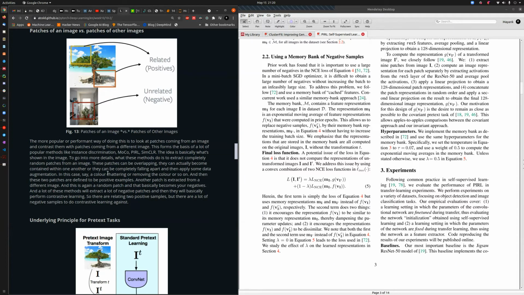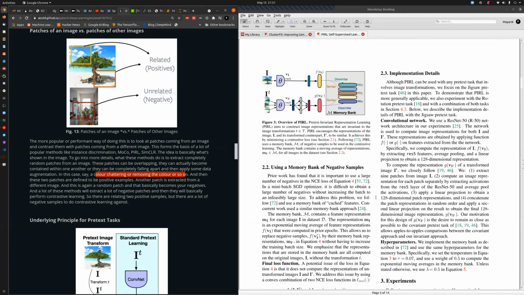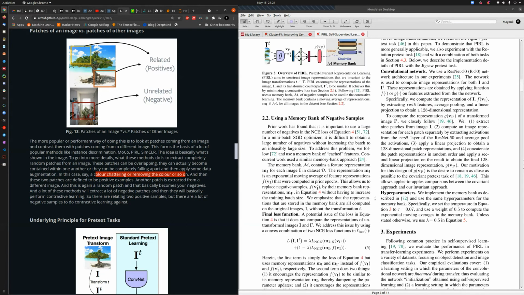Then this is the color jittering and removing the colors. This is with respect to random patches that basically become your negatives. You can compare this to the task with respect to contrastive learning, and if we use a memory-based approach or a larger batch size, how will that reflect your overall training space?